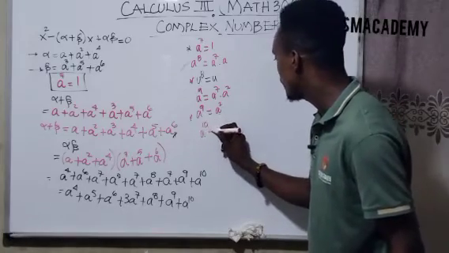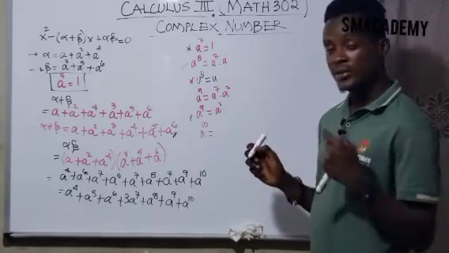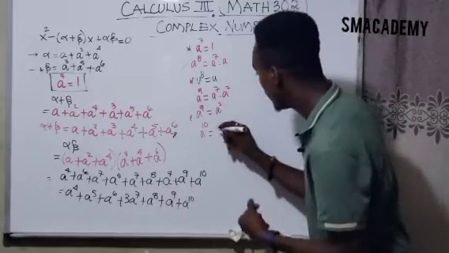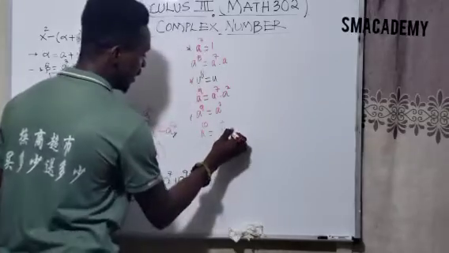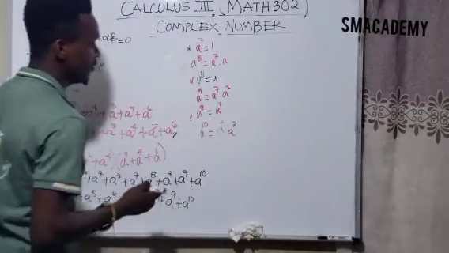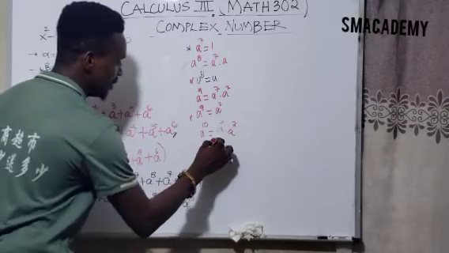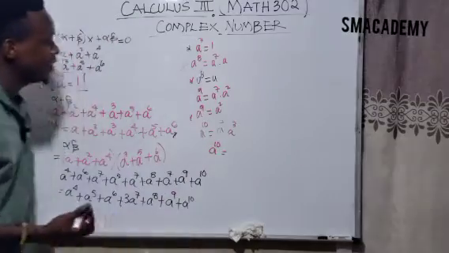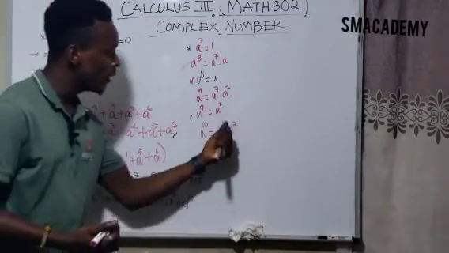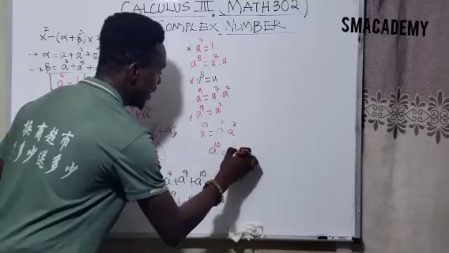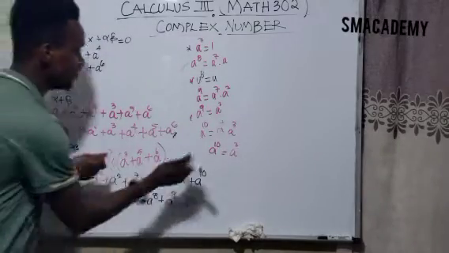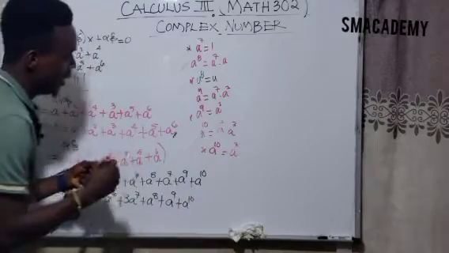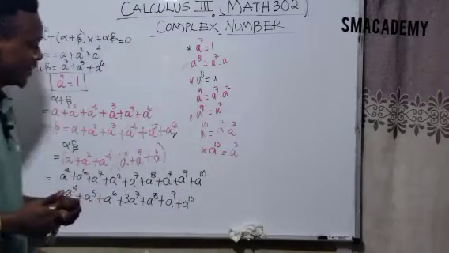A to the 10th power is a to the 7th power multiplied by a to the third. Since a to the 7th power is 1, 1 multiplied by a cubed gives a cubed. Meanwhile, a to the 8th power is now a.